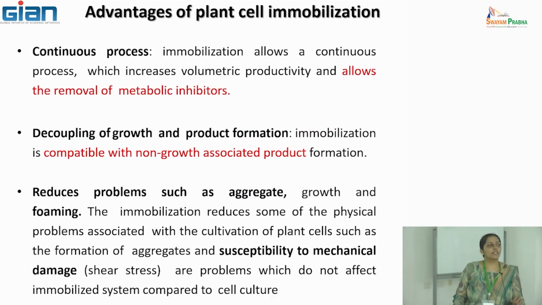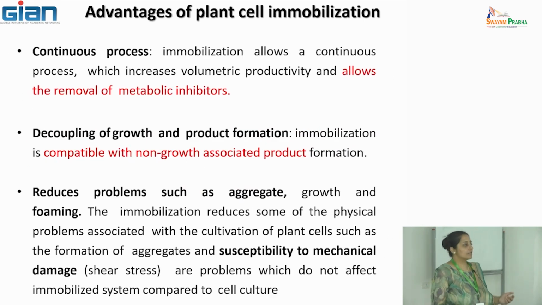And the added advantage is that because of the product leaching out, it acts like a push towards product synthesis because it acts like a source and sink. So if the product is coming out, the rate of forward reaction is driven. So that may also lead to improved product synthesis intracellularly.